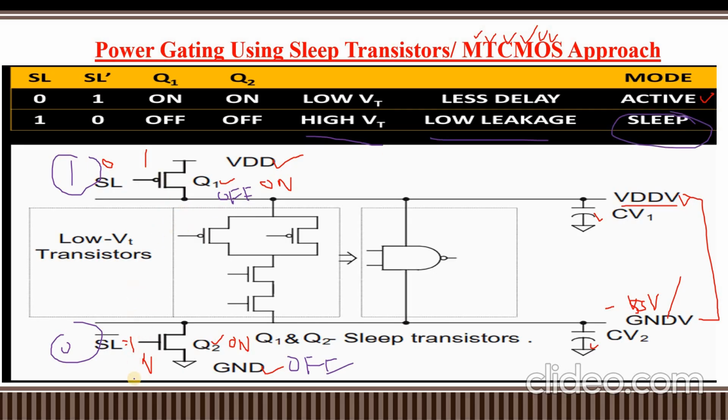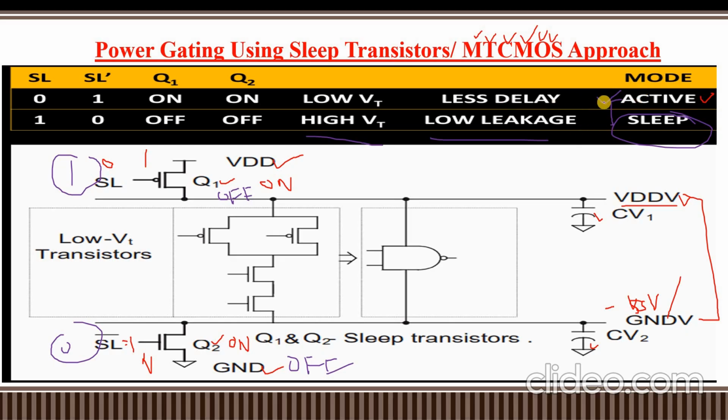By using these two sleep transistors, the circuit works in two modes, active mode and sleep mode. In active mode it consumes power. In sleep mode it does not consume any power. In this way we can reduce the power dissipation.